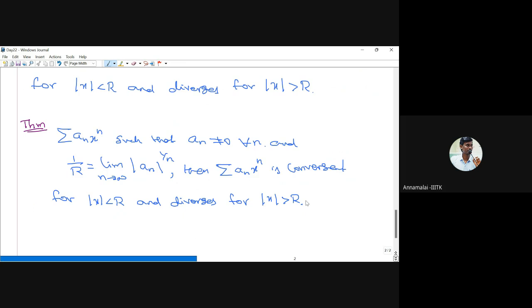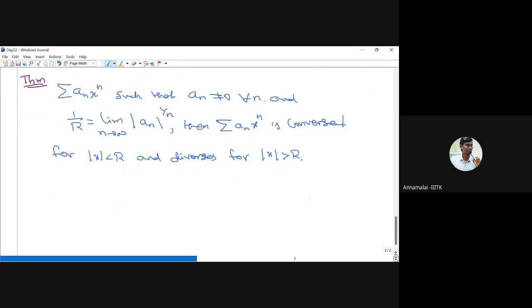Anyway, now there is an important theorem called the Cauchy-Hadamard theorem, sometimes called the Cauchy-Hadamard formula.